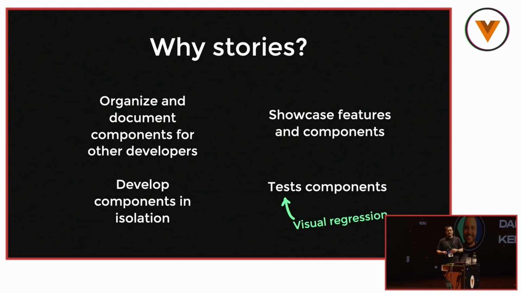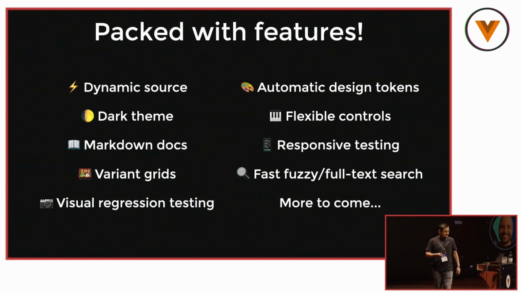For example, you can better document those components in your team if you have a lot of developers. Or if you're building a component library that is supposed to be published publicly, you can document all the components this way. And you can do a lot of other things like testing the components, for example, with visual regressions.